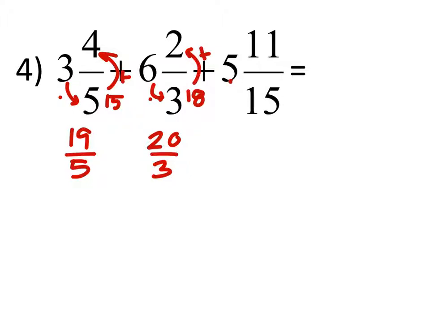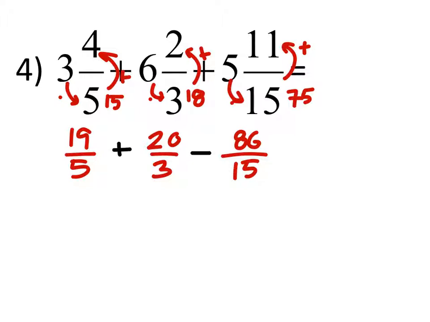And then I've got 5 times 15, 75. And then I'll add that to 11 to get 86/15ths. And these are added together.